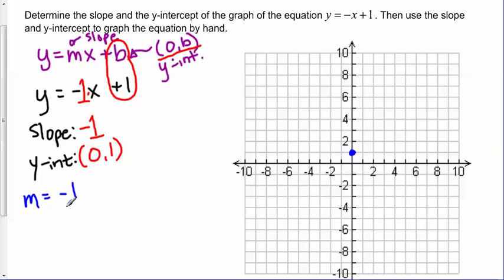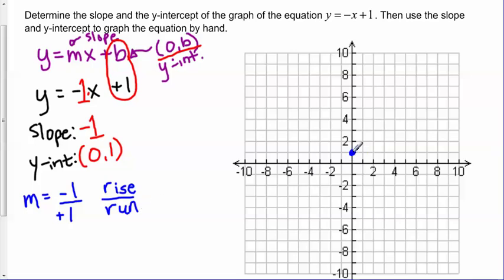Now that seems a little bit curious because I'm looking for rise and run. But remember, this is another place where invisible ones come into play. Anytime I have an integer and I want it to look like a fraction, I can just put it over +1. So my slope, I'm going to be able to do -1 for the rise, +1 for the run, and that'll give me some more points on my line.